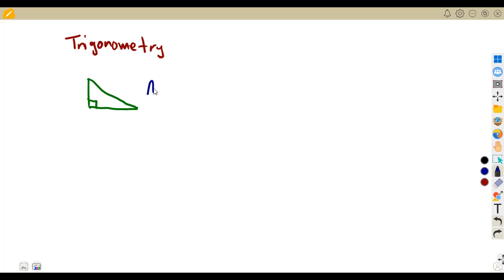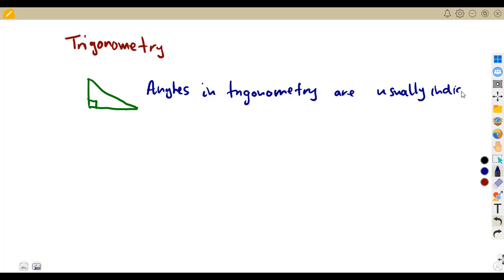In trigonometry, these angles are usually represented in terms of letters, like I was indicating m and n, but we are not going to use the letters of our alphabet.